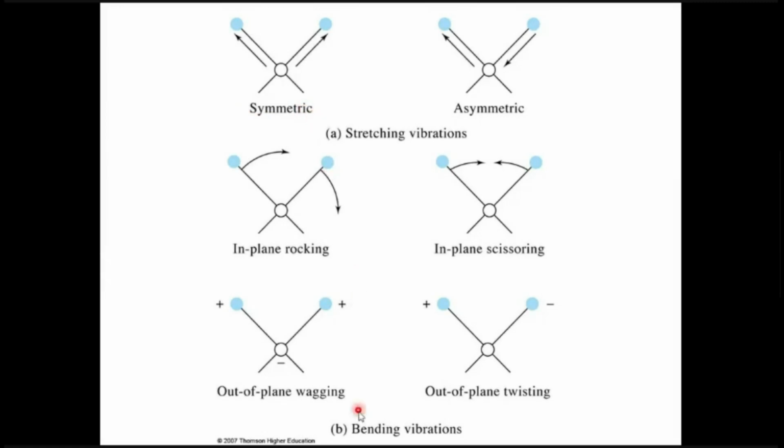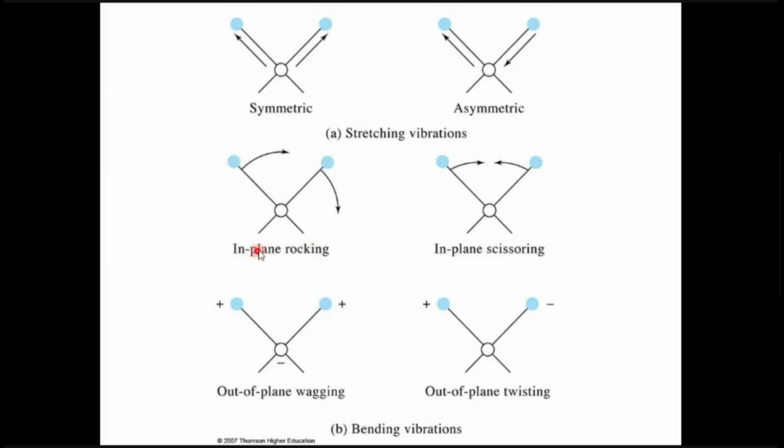Now, when we talk about bending vibrations, they are of two types: in plane and out of plane. When we say in plane, all three atoms involved throughout the vibration remain on the same plane. In case of out of plane bending vibrations, the three atoms involved do not remain in the same plane. They change their plane. Let us see what in plane vibrations are.